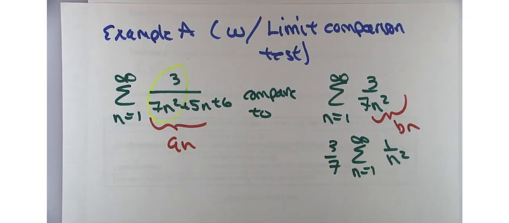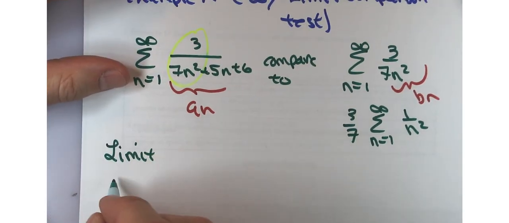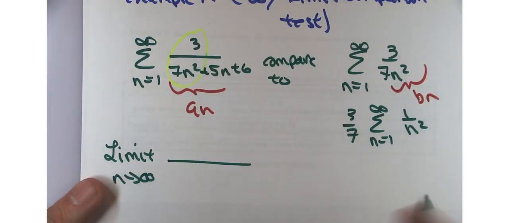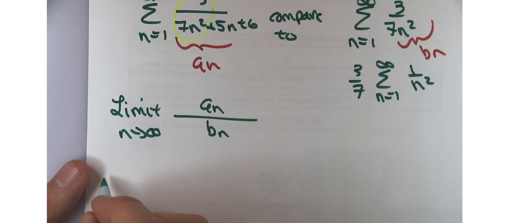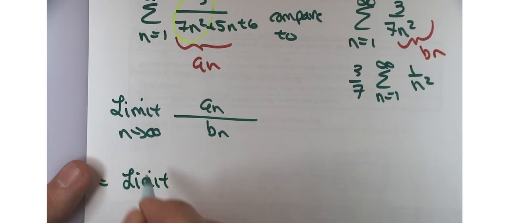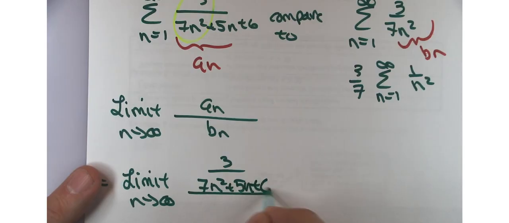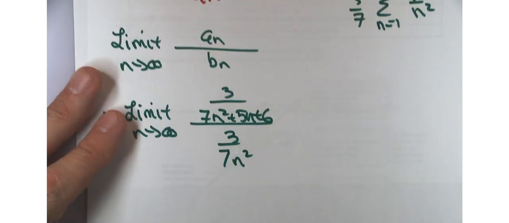We need to form the limit as n approaches infinity of a sub n over b sub n, which would be the limit as n approaches infinity of 3 over 7n squared plus 5n plus 6 divided by 3 over 7n squared. And that's a really awful looking 7 there. Let me see if I can't clean that up a little bit. That's a little bit better.